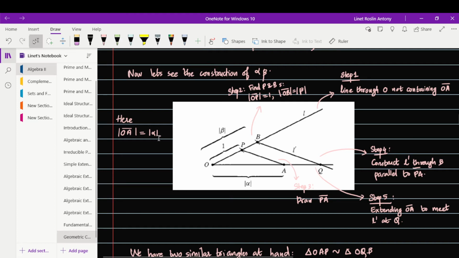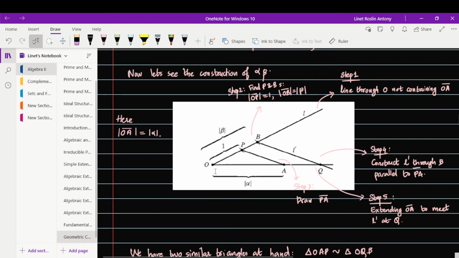Step 1 is to find a line through O which does not contain OA bar.